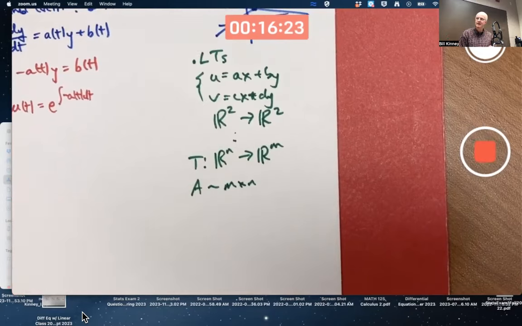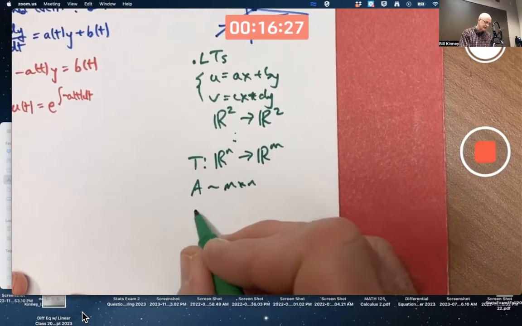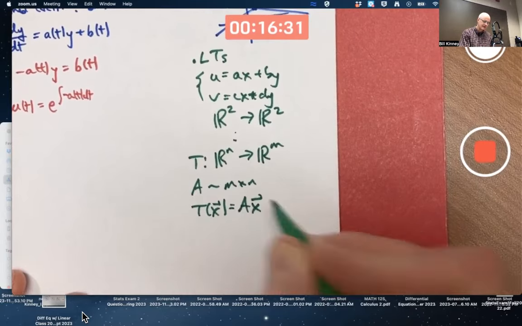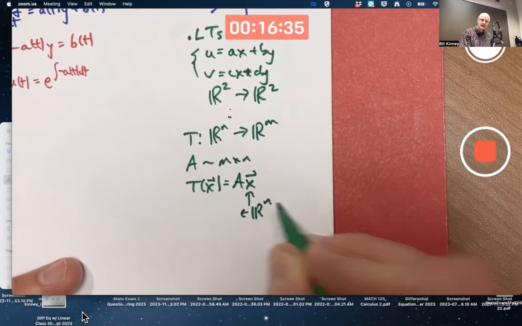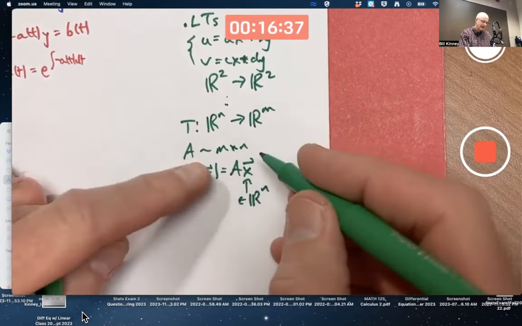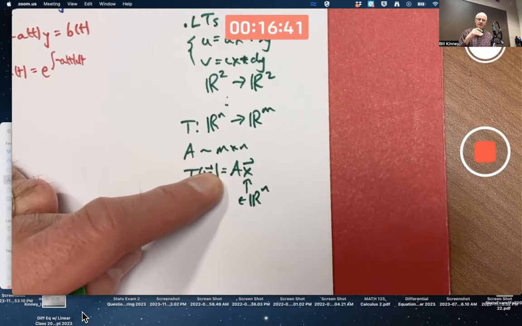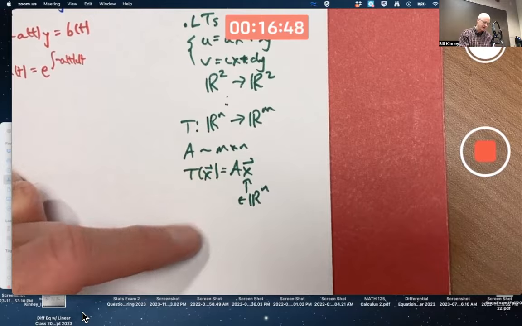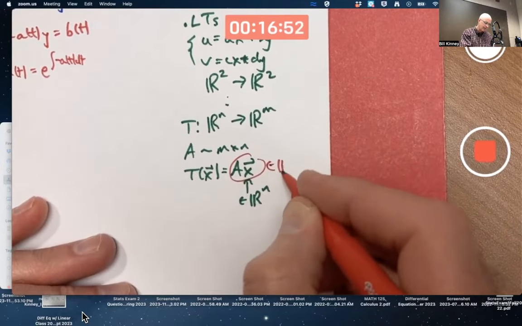Got to switch around the n and the m: m rows and n columns. The formula for T is going to be T of x equals A times x, where x is in Rn, right? A has m rows and n columns. It's got to match the number of rows of x as a column vector. The result, A times x, is a vector in Rm.